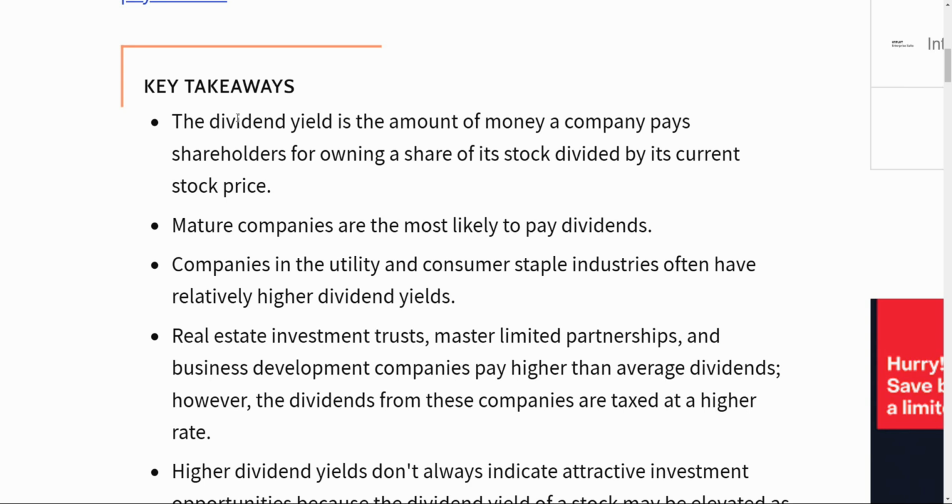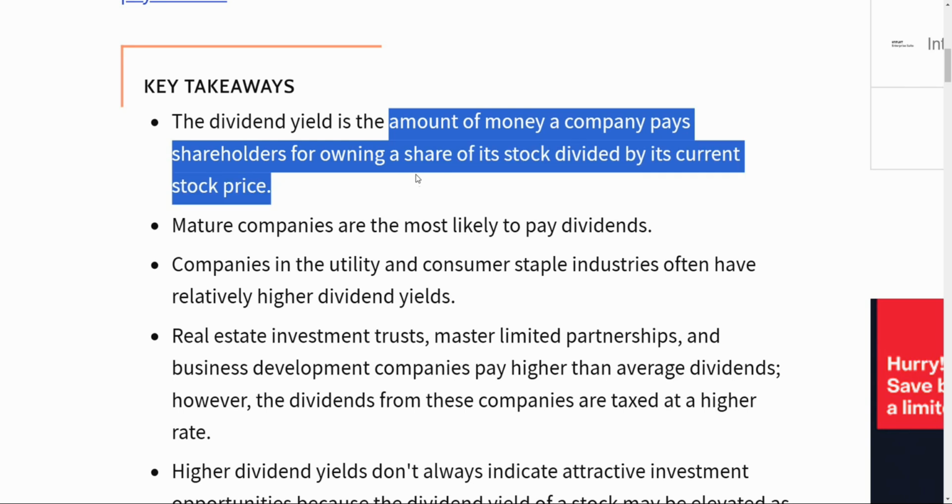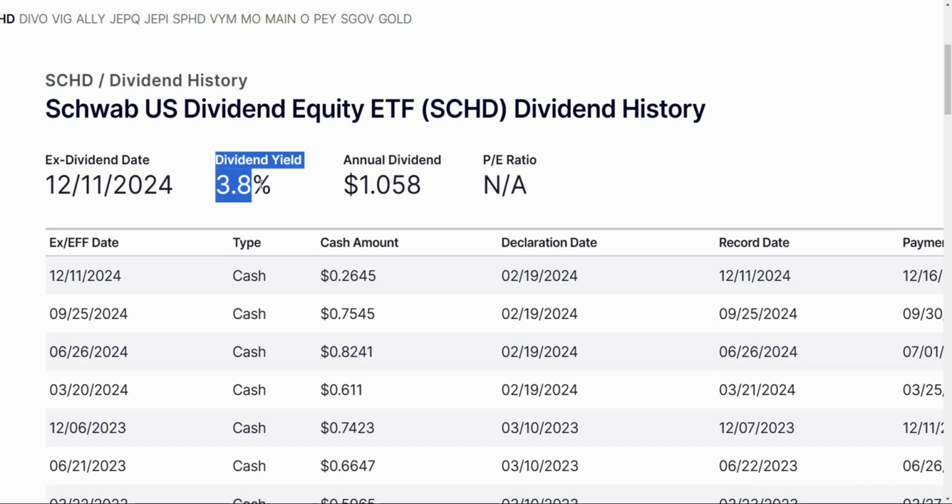You'll hear the most popular term, which is dividend yield. Now, dividend yield is simply the amount of money a company pays shareholders for owning a share of its stock divided by its current stock price. Now, this is very simple. So the dividend yield of SCHD is 3.8%, and the annual dividend right now is $1.06 approximately.